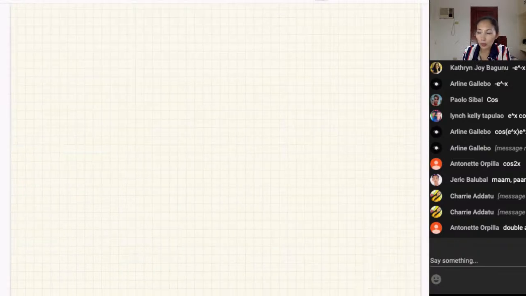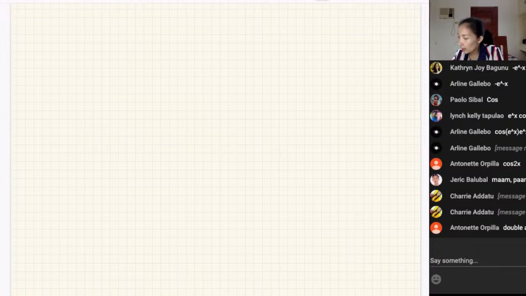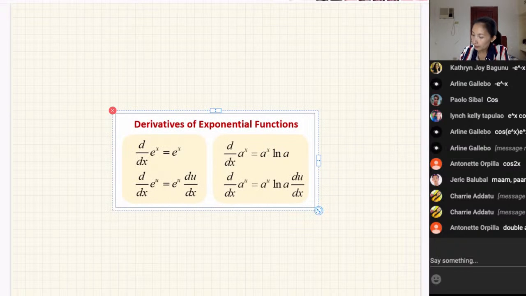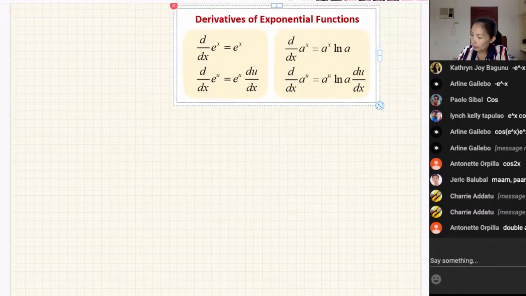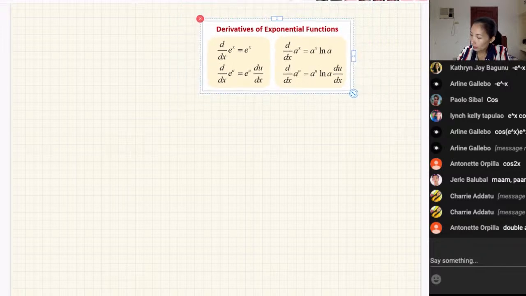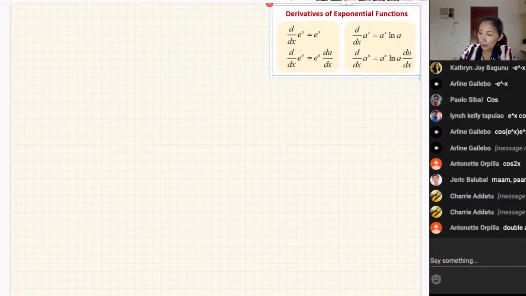How about if the base is a rather than e? Let's look at example number 7.